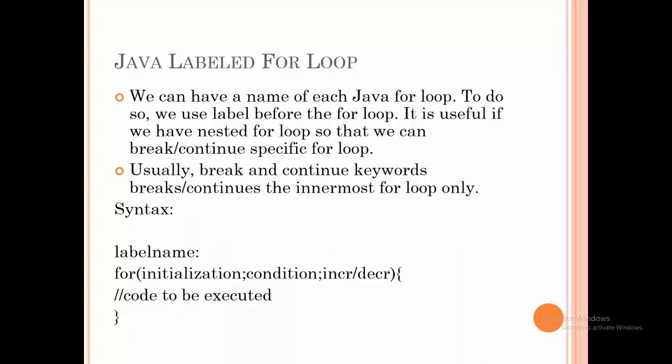So usually the break and continue keywords break or continue the innermost for loop only. Okay. So break and continue are reserved keywords which can be used in looping or switch statements. So the syntax is label name, colon, and the for loop followed by it. I will give you the example.